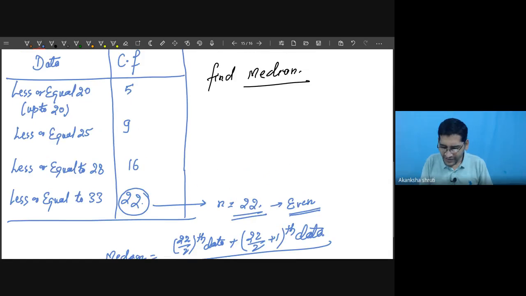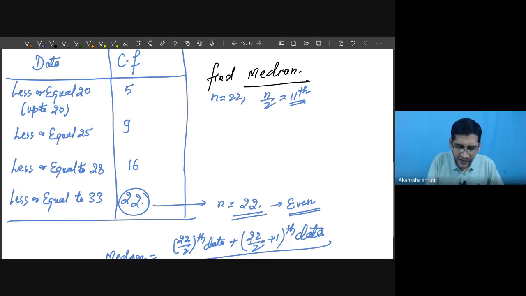Observe this. Where is this 11th? Student, first allocate it. N by 2, where N is 22, is our 11th data. Observe this carefully. Up to 20, whatever the data may be, it is 5. Up to 25, it is 9.